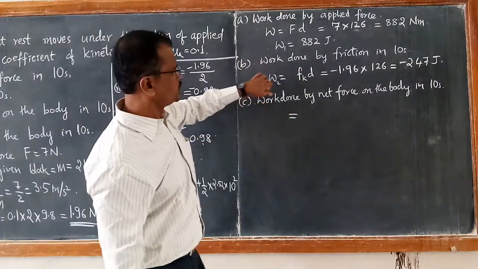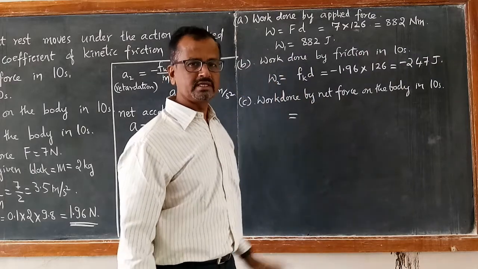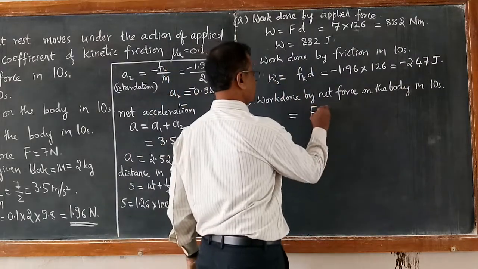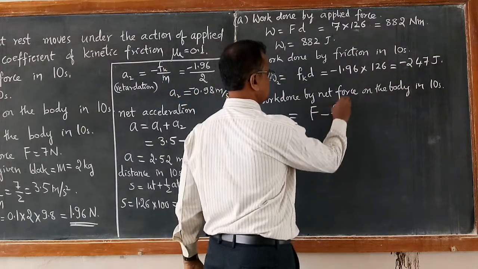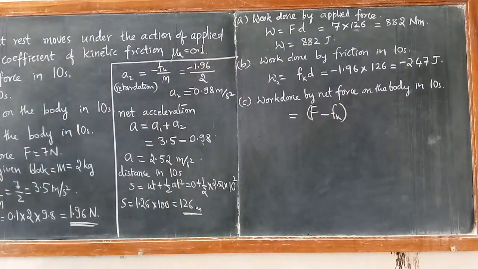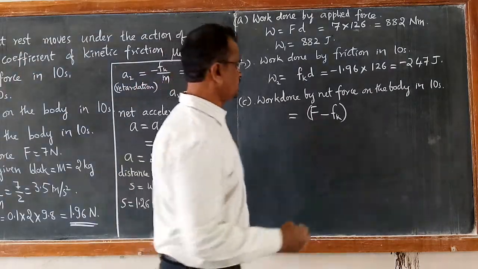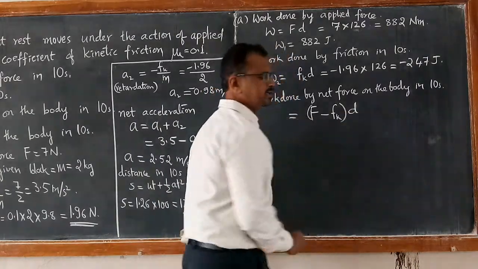W1 minus W2 must be giving you the work done by net force. What is net force? Applied force minus kinetic friction. Because applied force is in the forward direction, kinetic friction is in the opposite direction. Therefore, F minus Fk is the net force, into displacement 126.